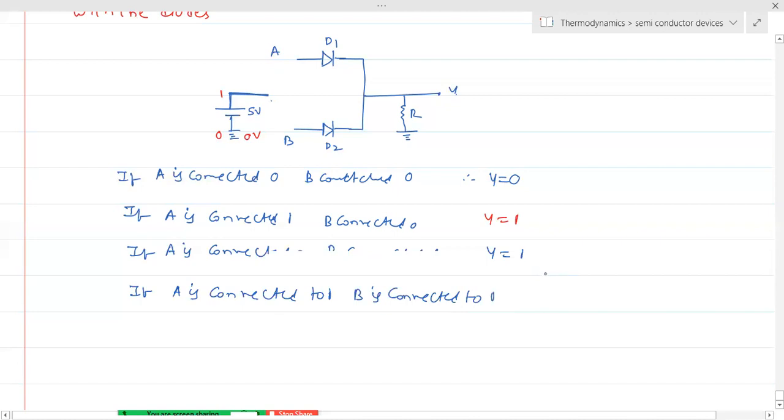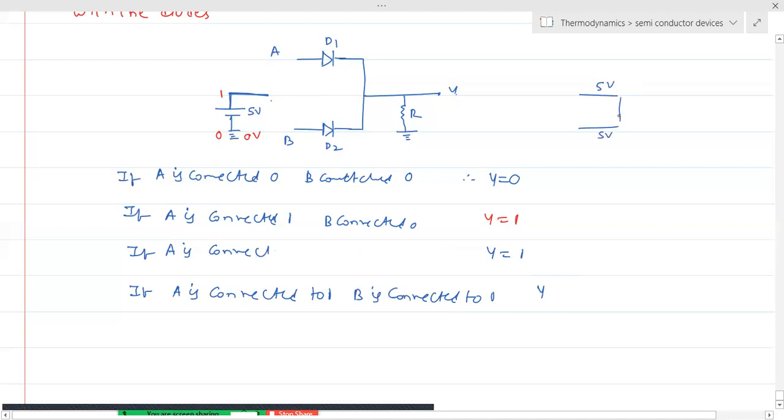Then both diodes conduct. 5 volts is given and 5 volts is given, but both are in parallel, so ultimately a 5 volt potential is sent to the output. That is the last step, so in that case also the output will be high.